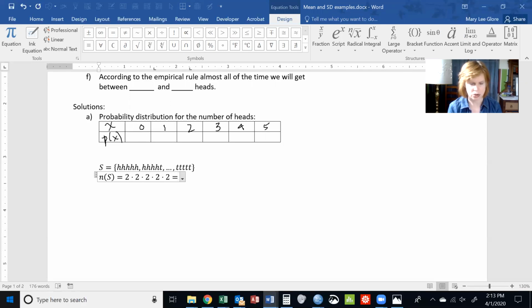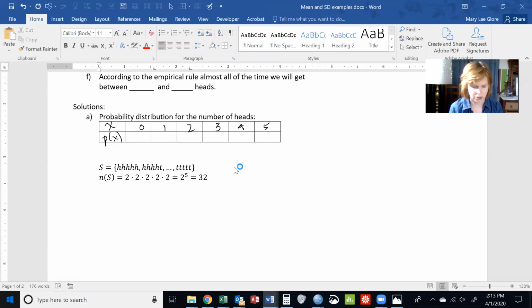So this is 2 to the 5th, which happens to equal 32. So there's 32 equally likely outcomes when I flip a coin 5 times.